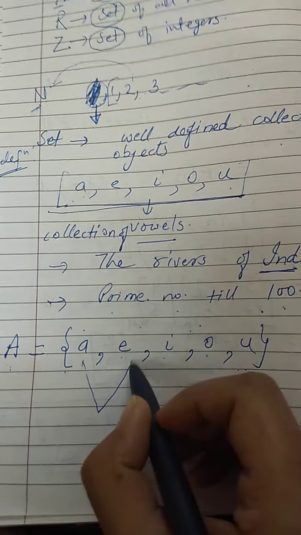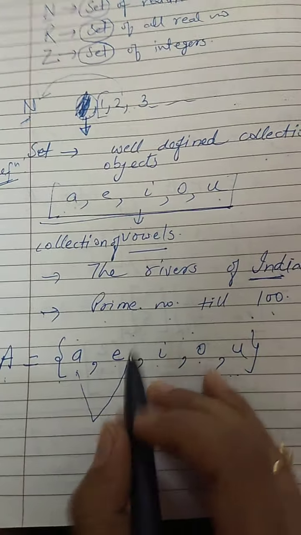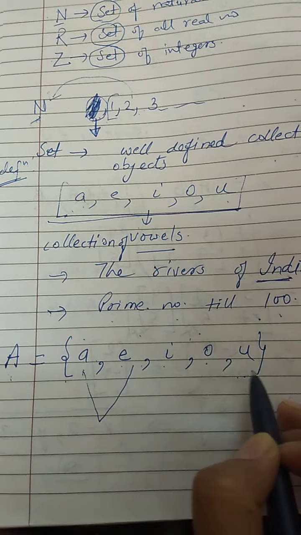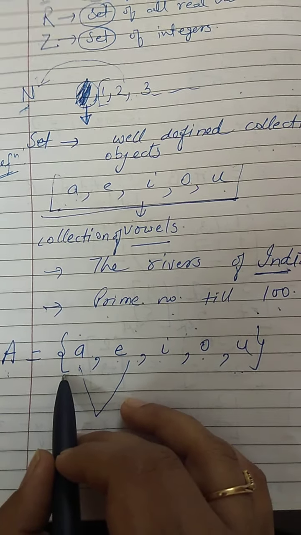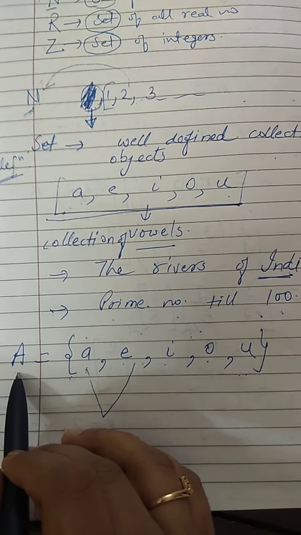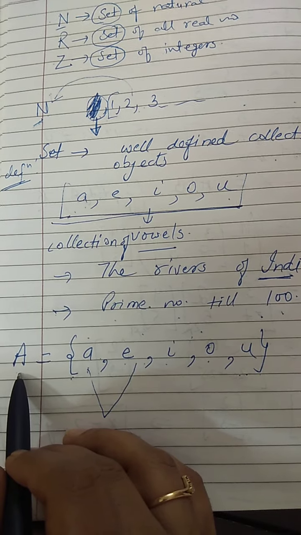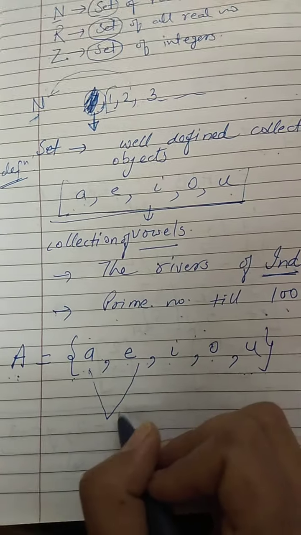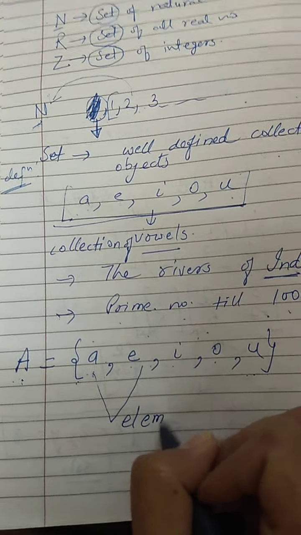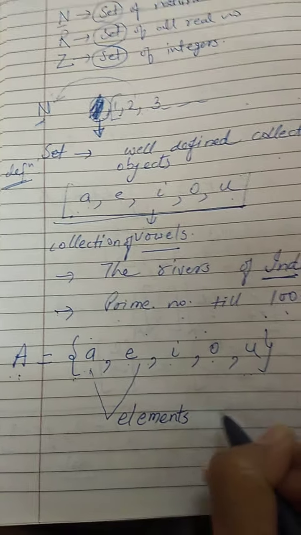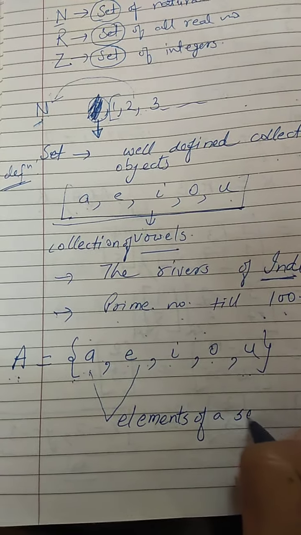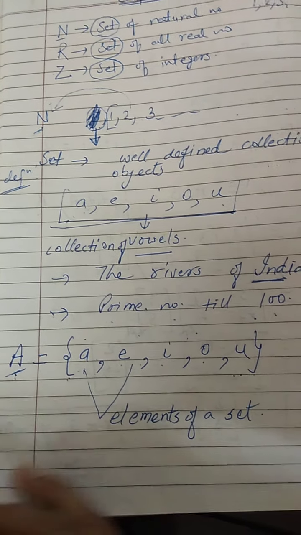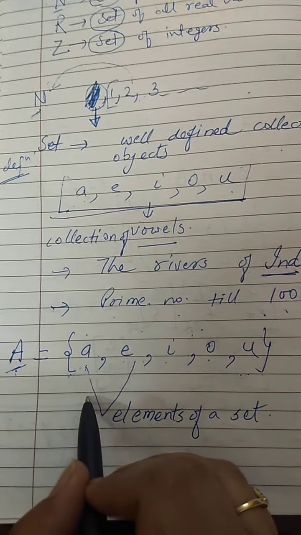So A, E, I, O, U are English vowels, but when I am writing them in the set separated by commas within curly braces, this is the way to represent it, and the name will be given by a capital letter only. So let us say this is A, and these A, E, I, O, U will be called elements of the set. What is the name of this set? It is set A. And this is one way to write it down.